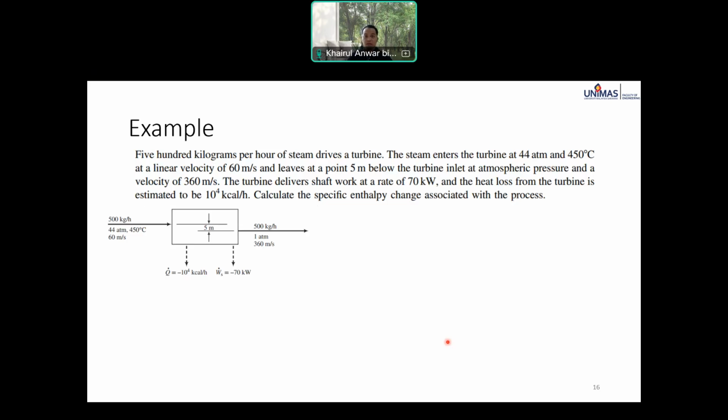The turbine delivers shaft work at a rate of 70 kilowatts, and the heat loss from the turbine is estimated to be 10 to the power of 4 kilocalorie per hour. Calculate the specific enthalpy change associated with the process.